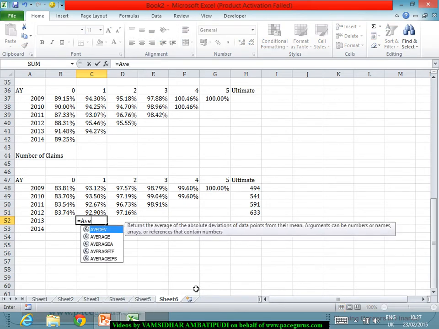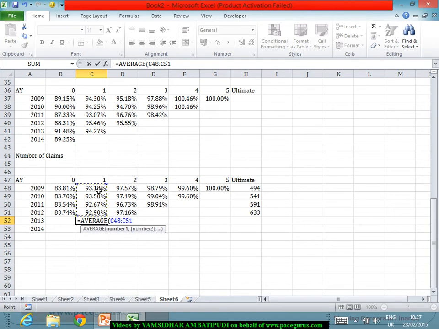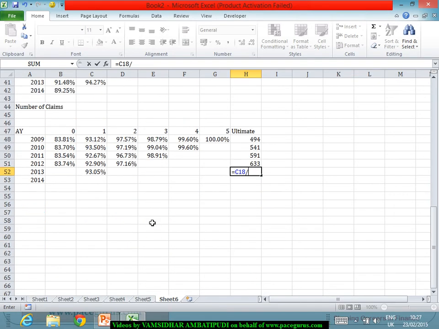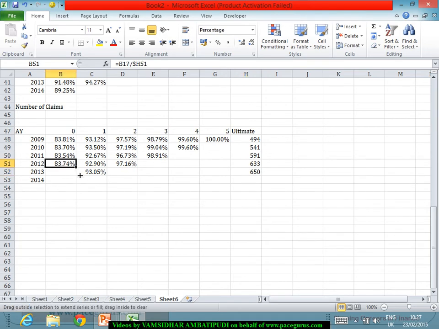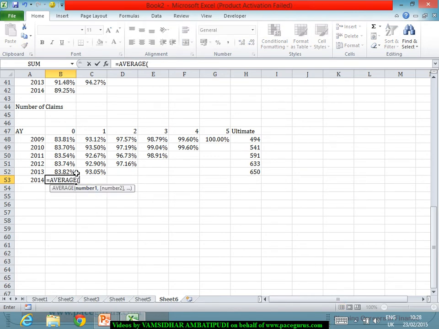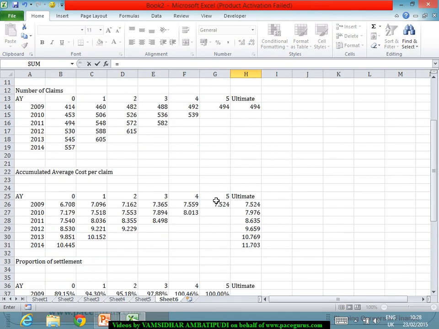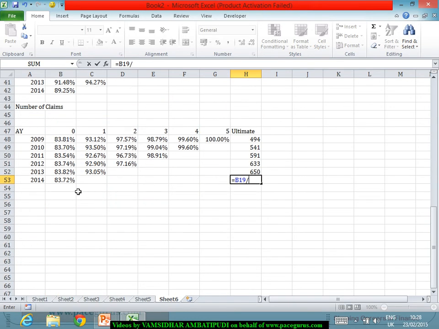Now going ahead with a similar mechanism, I'm taking the average of all these and using this trying to compute the ultimate for the development year 1 or for the accidental year 2013, giving me that the number is around 650, and using this trying to compute the percentage for 2013, and finally going ahead with the computation of the average for 2013, and thus resulting in the computation of the ultimate for 2014 as well, resulting in some 665 being the number.